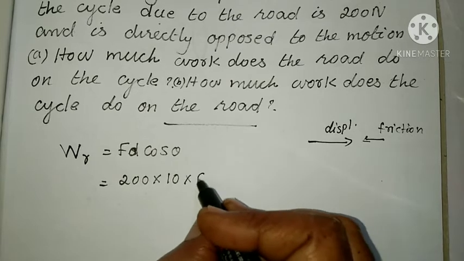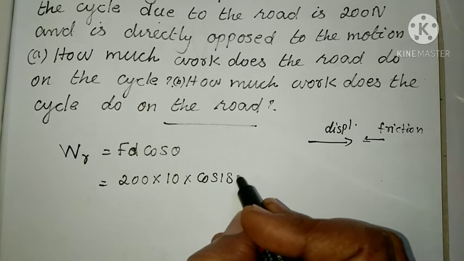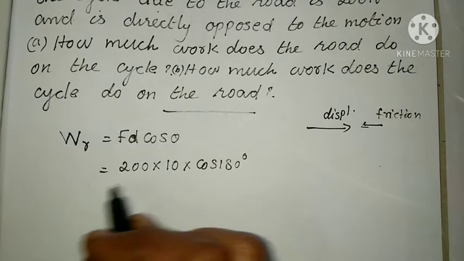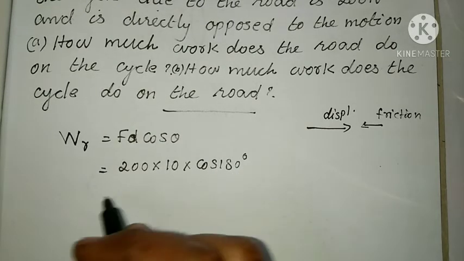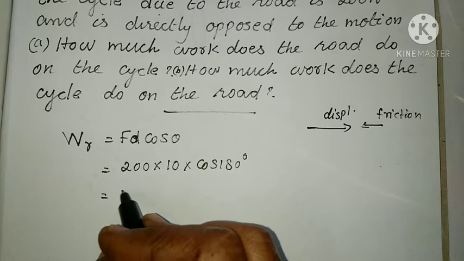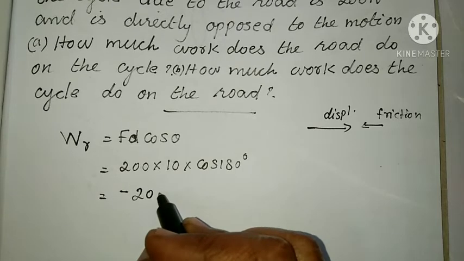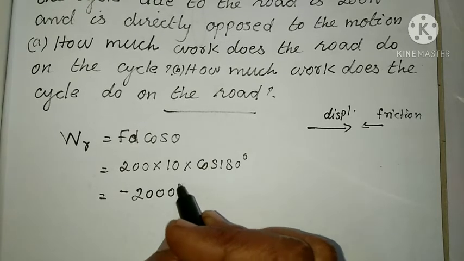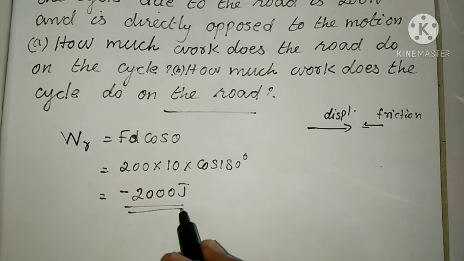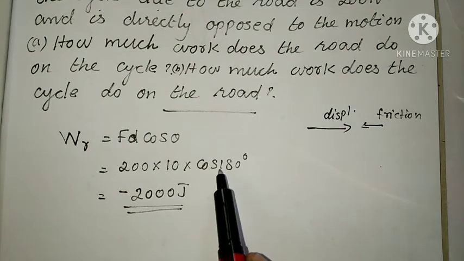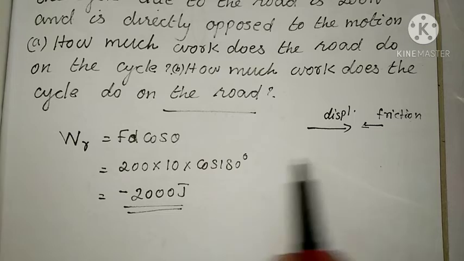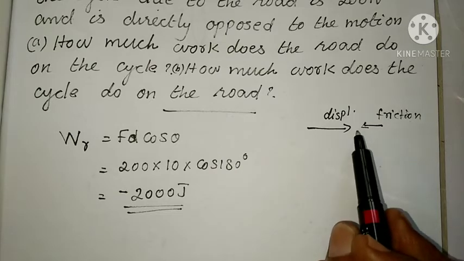So we can write cos 180 degree. Clear? So cos 180 is minus 1. So we will get the answer minus 2000 joule.